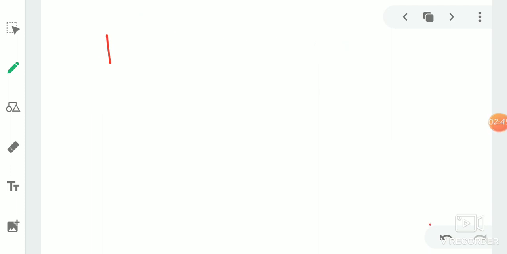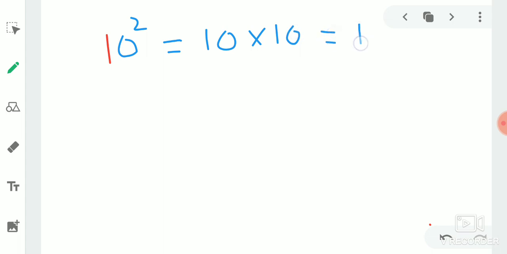This I will show here. For example, we have 10 raised to power 2. We write it as 10 multiplied by 10, twice, that is 100.